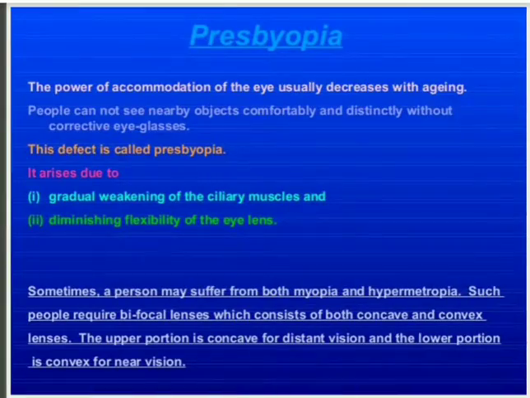Okay, then after that we completed presbyopia, and I told you that presbyopia is normally an eye defect which increases when a person is of old age, isn't it? Due to weakening of the ciliary muscles, presbyopia is seen in adults.